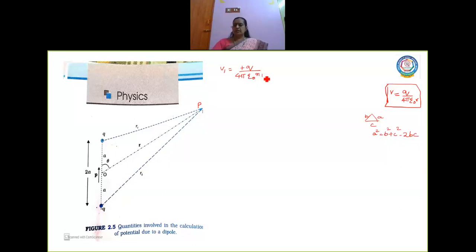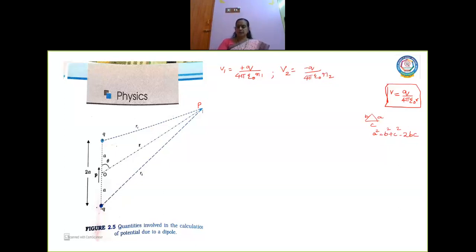Is it clear? Similarly, what is the potential at P due to the charge minus Q? Due to the charge minus Q, I have potential as minus Q by 4 pi epsilon naught into R2. Clear?